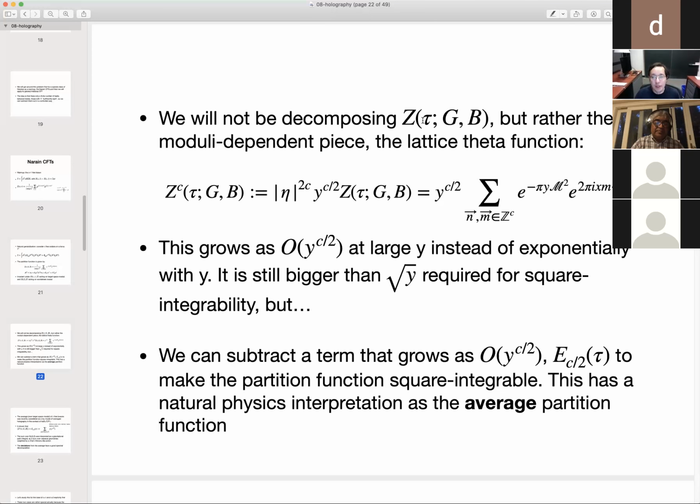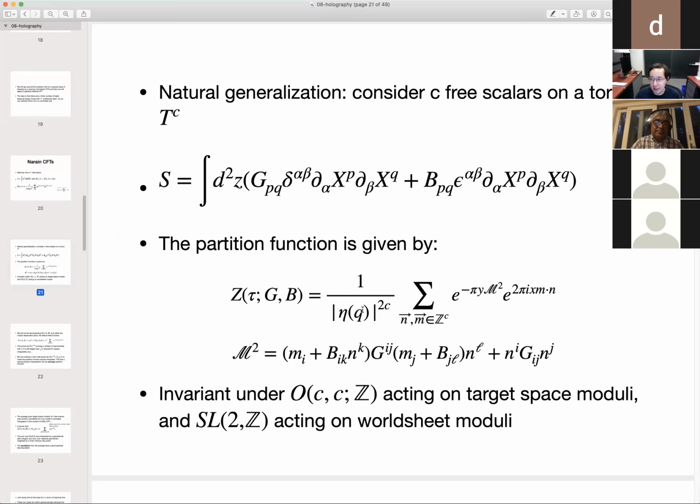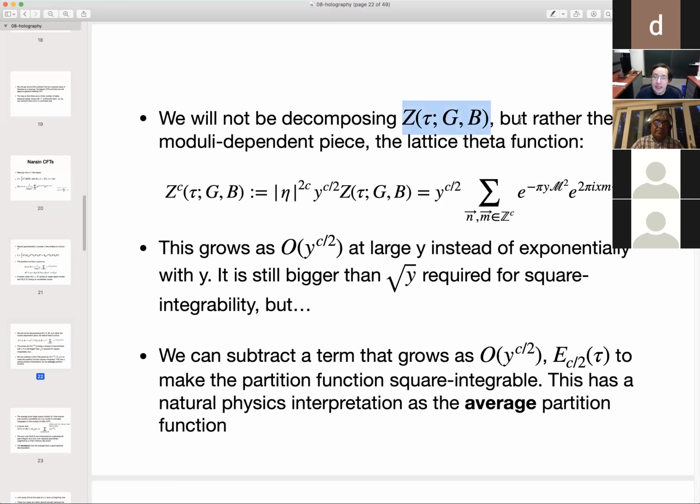So now this partition function again has a Casimir energy. If we were to try to decompose the partition function, we would run into the problem that I said earlier, which is that the function is very much not square integrable. It diverges exponentially near the cusp. What we're going to do instead is look at the only moduli dependent piece.